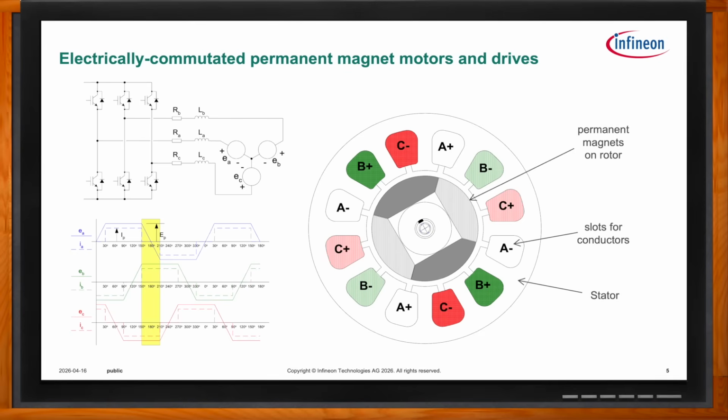And then you have the same thing for B, the same thing for C. And now, instead of using a mechanical commutator, notice that the permanent magnets are on the rotor. So we can easily connect to and use an inverter to steer the electrical signals to this machine.